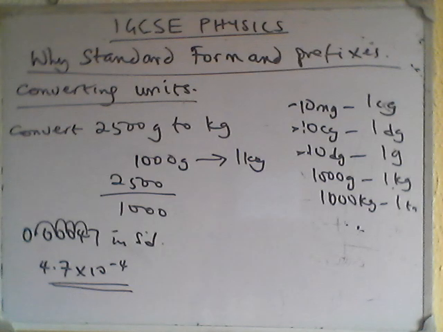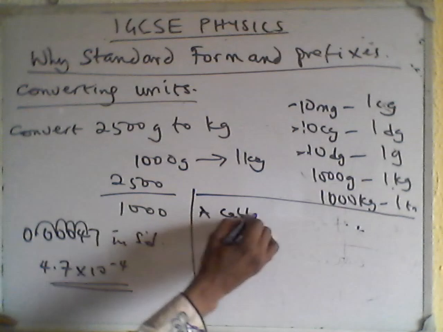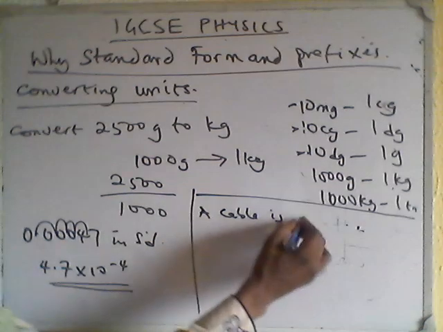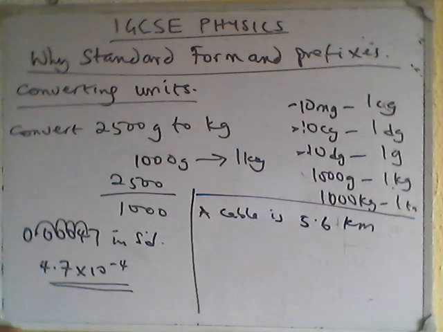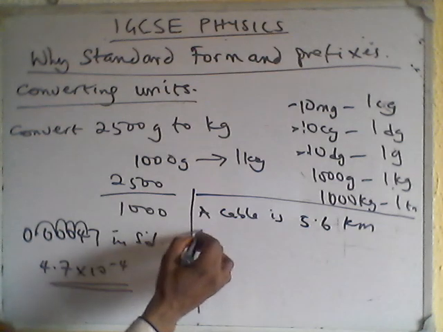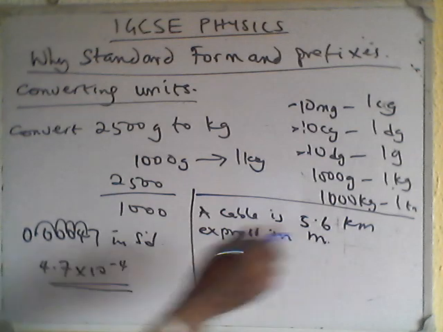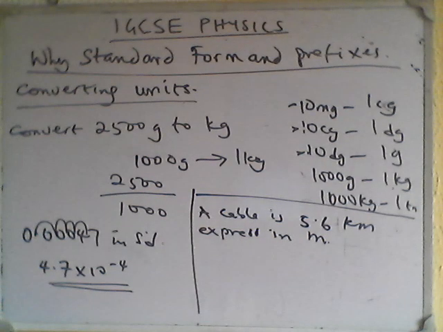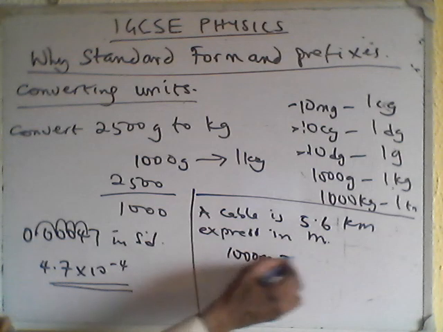So for prefixes, if I have a cable of 5.6 kilometer, very long cable, let us express this in meters. So how many meters make 1 kilometer? 1,000 meters make 1 kilometer.